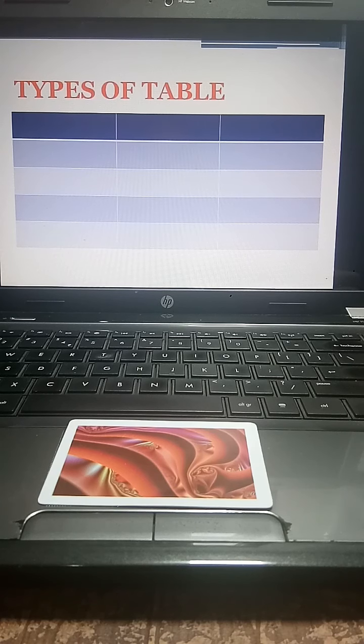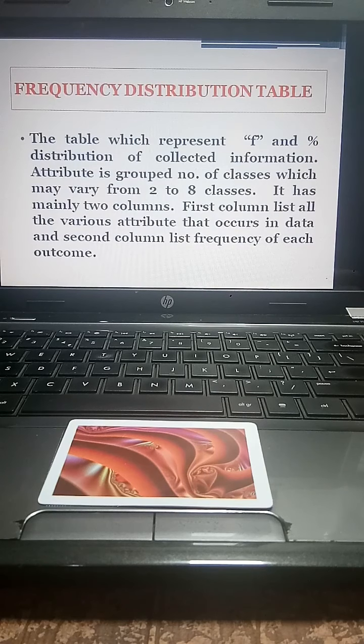So starting with the different types of the table, the first table is the frequency distribution table. I know I already covered these two types, but we need to recall it once again. The frequency distribution table is that table which represents the frequency and the percentage distribution of the collected information.